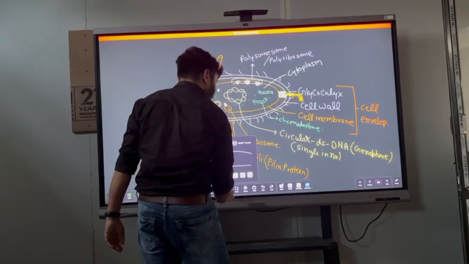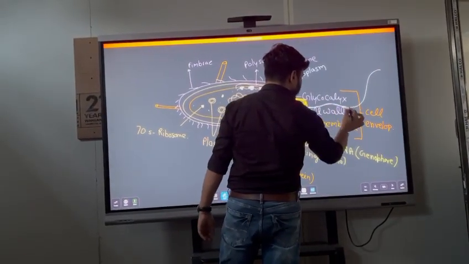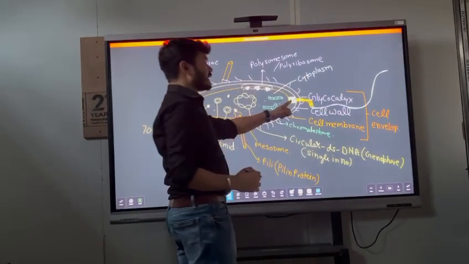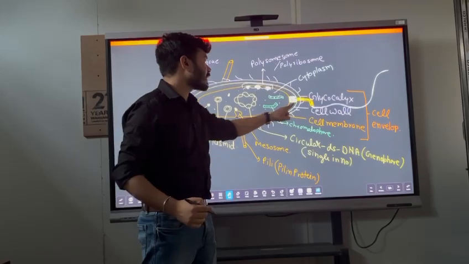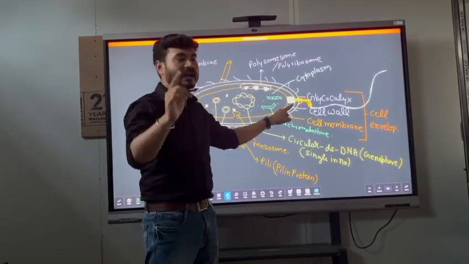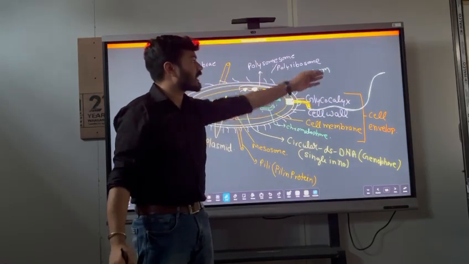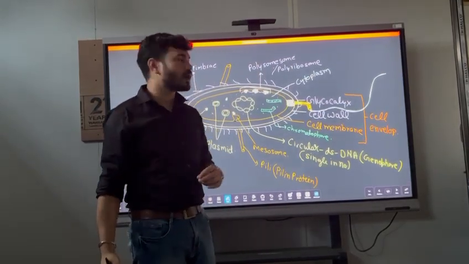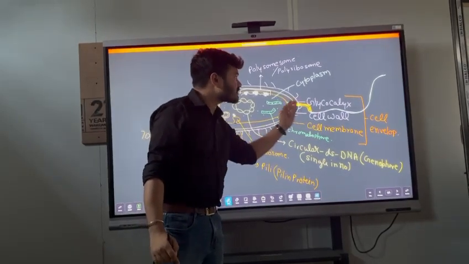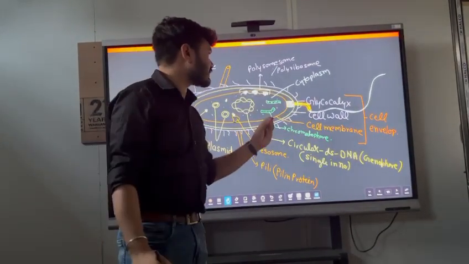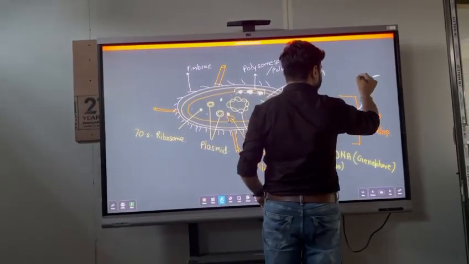This yellowish part is named the basal body, this reddish part is the hook, and this long cylindrical, thread-like whitish part is the filament. These three parts, basal body, hook and filament, make the locomotory part, the flagellum.